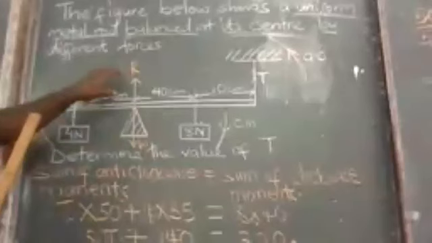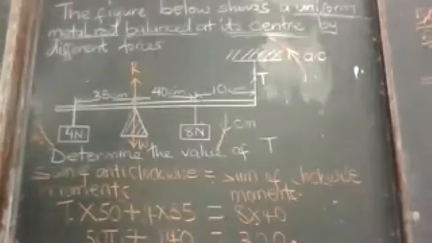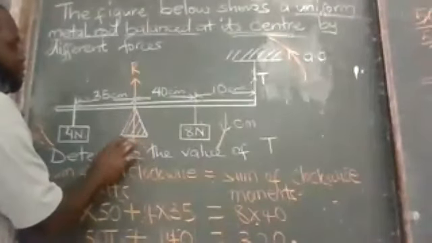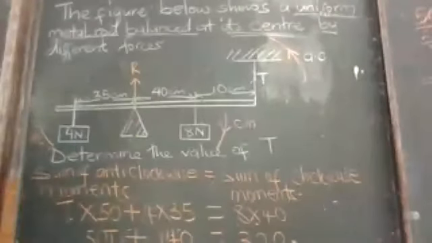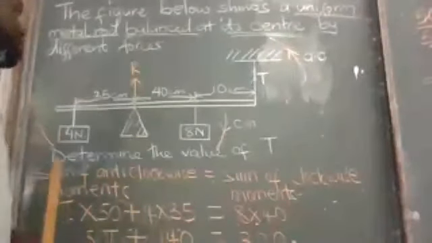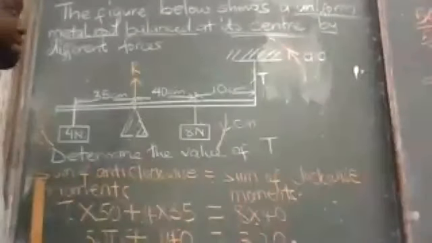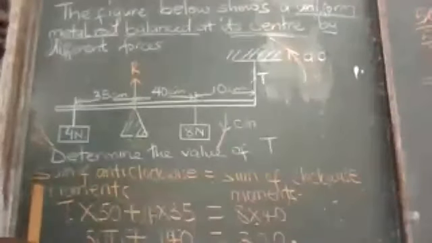So Rosemary, in the previous question we did not look into the reaction, but in case it was asked, our second condition comes into play, which says that the sum of forces acting in one direction is equal to the sum of forces acting in the opposite direction. Can you apply it and get the reaction at the pivot?